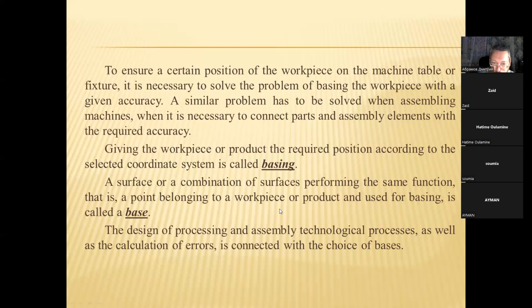The design of the processing and assembly technological process, as well as the calculation of errors, is connected with the choice of bases.